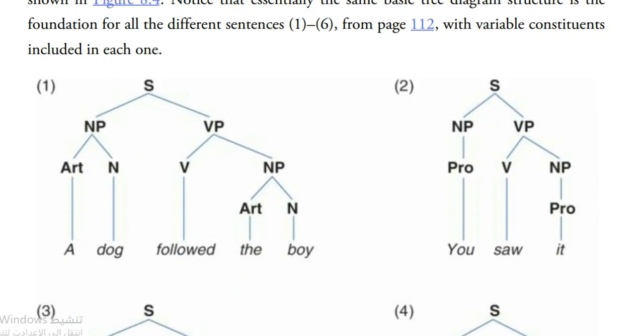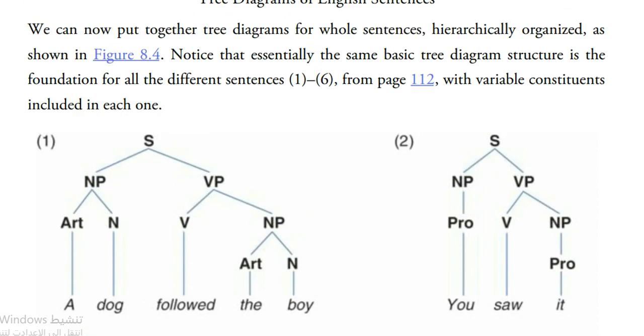Let's move to that part. We have some issues here about the structure. If you look at figure 8.4, notice the basic tree diagram structure: a dog followed the boy. The first thing we have to put here is sentence, and then we read the sentence first.